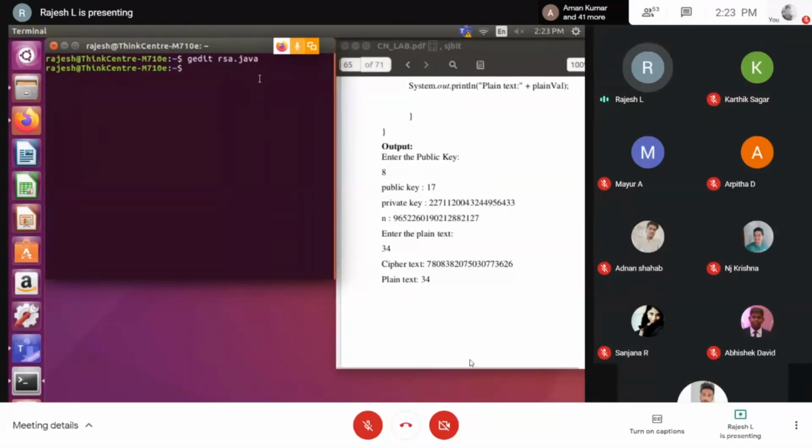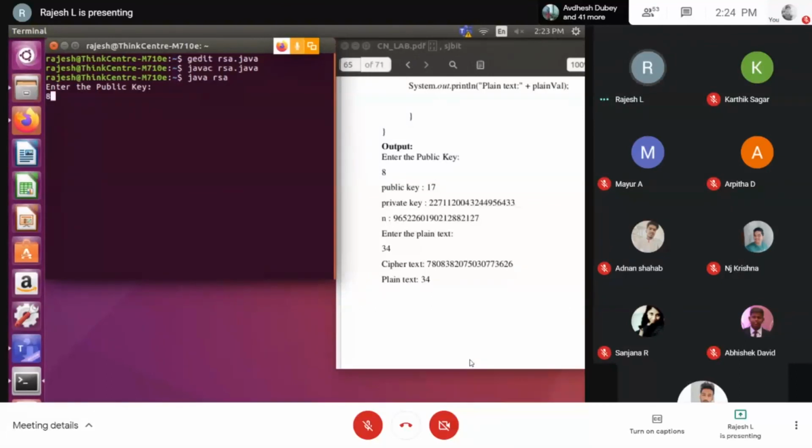Look at that: javac RSA dot java for compiling the program, after that java RSA. Enter the public key. Suppose I go with the same instance, I'll give the value of 8.